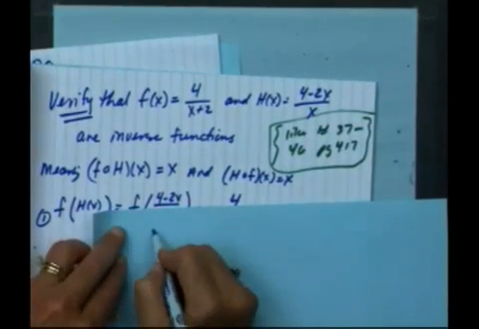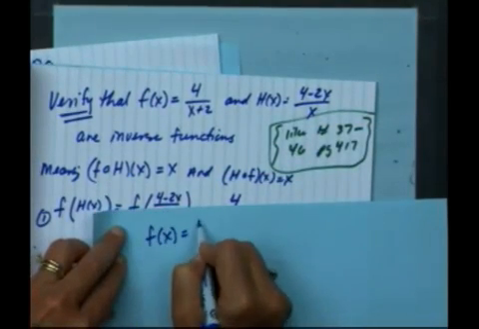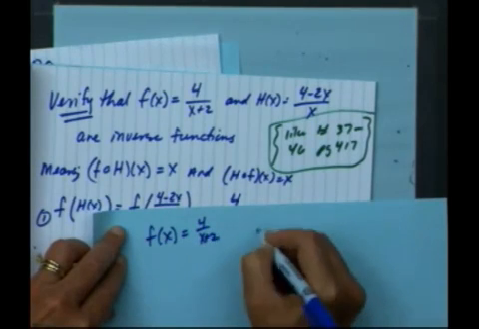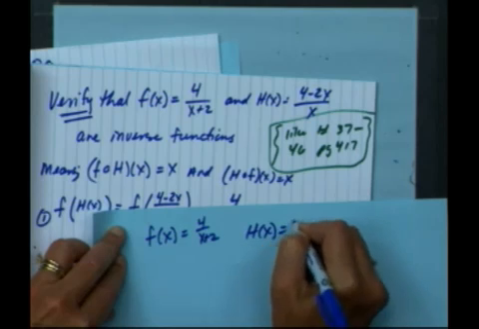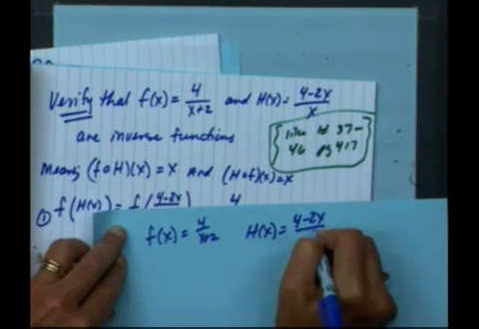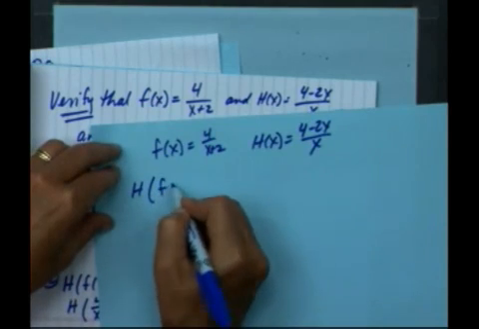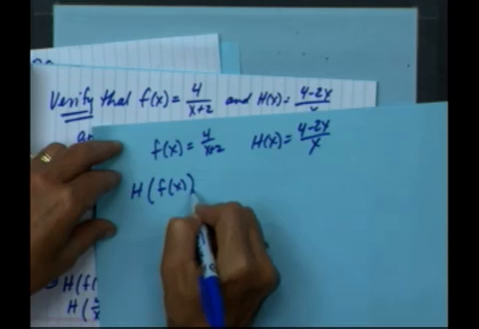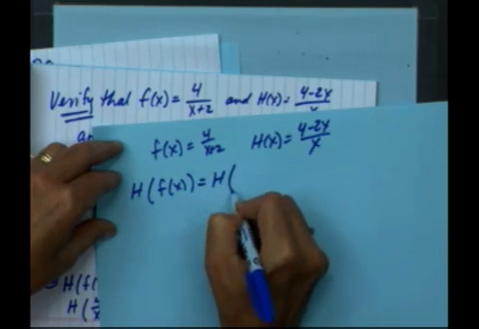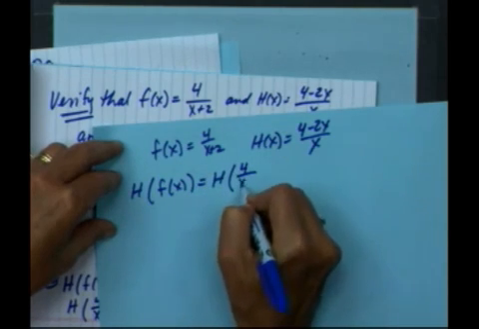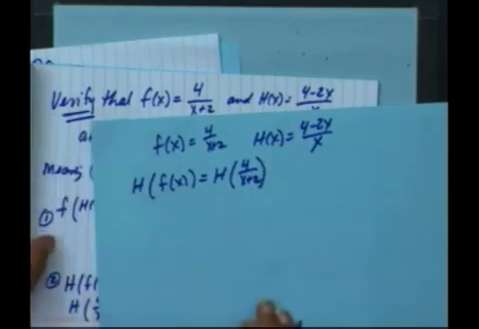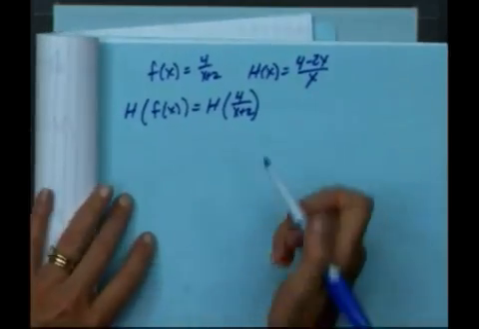Let's try again. F of x equals 4 over x plus 2. H of x is equal to 4 minus 2x over x. We're looking at h evaluated at f of x, which is h evaluated at 4 over x plus 2. All right, let's just do it from here.